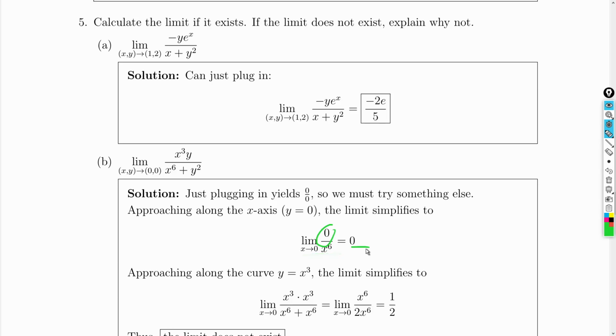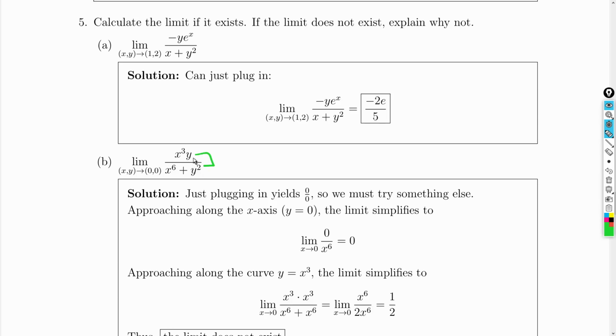And then you have to choose a function y, or you mess around and try different functions of y where you think that it doesn't work. Usually what's going to have to happen is you need something to cancel between the top and bottom.